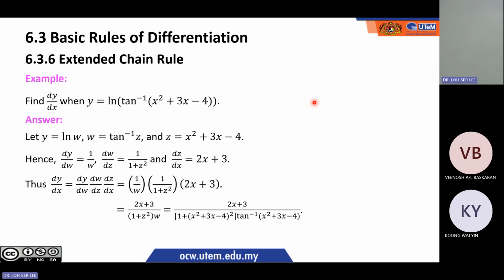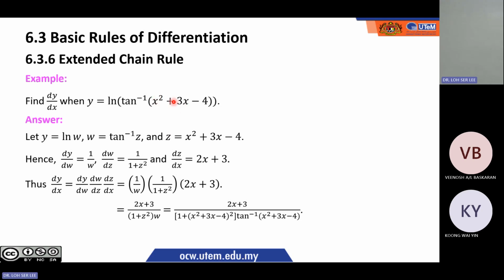Okay, now we look at the extended chain rule. When you have a function y equals ln, inside the ln you have an arctan function, and in the arctan bracket you have x squared plus 3x minus 4. This question we have to solve using the extended chain rule.